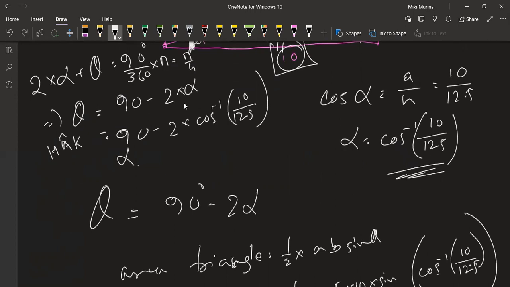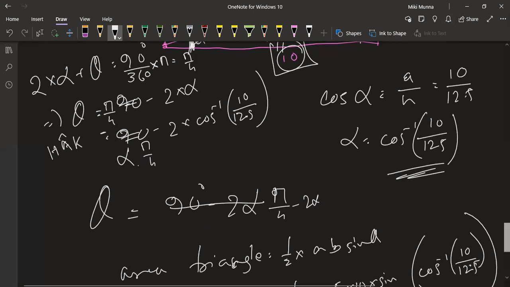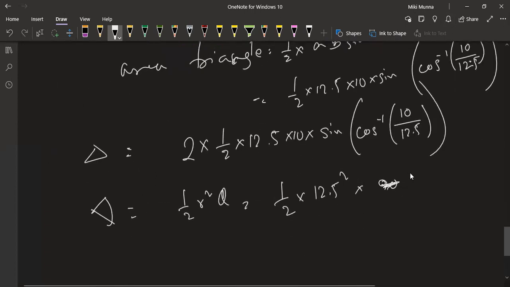So instead of 90, this should be pi over 4. So pi over 4 minus 2 alpha, this is our angle. So here it should also be pi over 4 minus twice alpha.